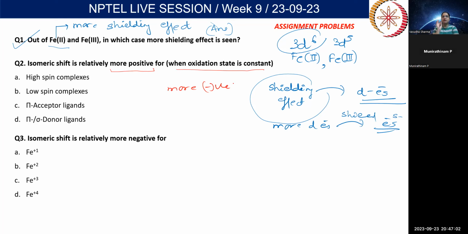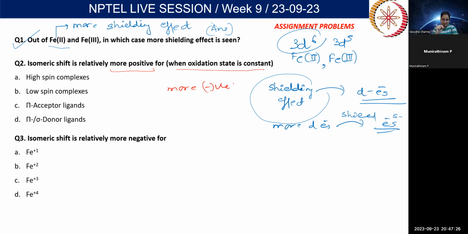More positive. So think about strong field ligand, meaning accepting ligands. They are going to give more d strength or less d strength? Low spin complexes, ma'am, because in low spin complexes, it is a strong ligand.